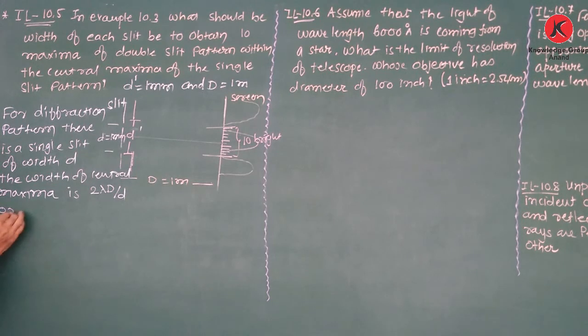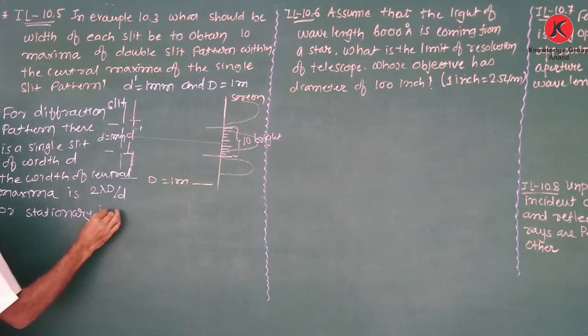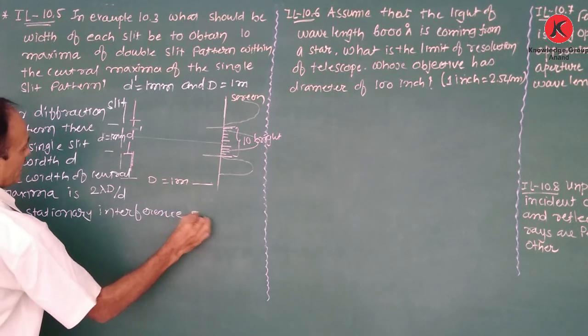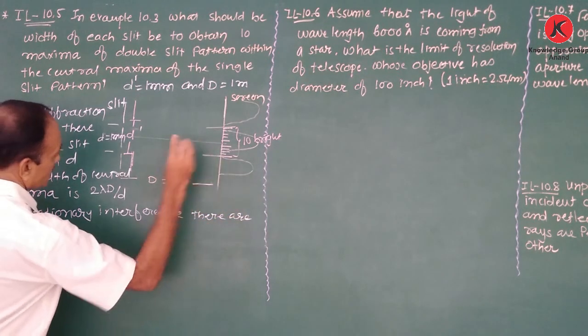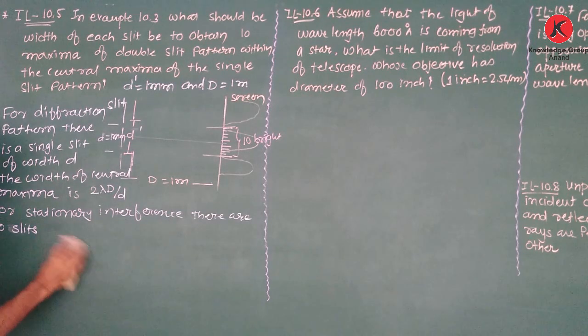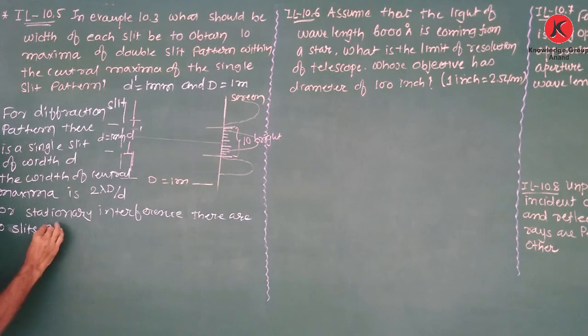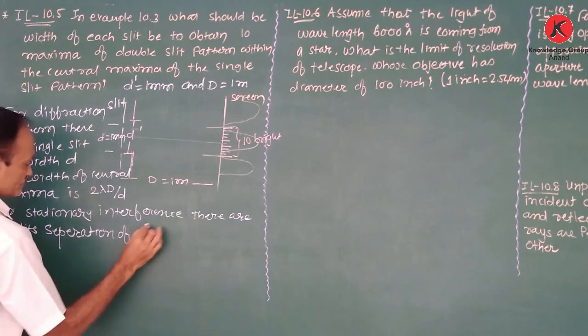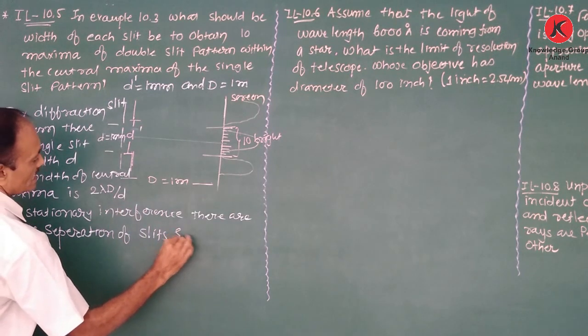For stationary interference, there are 2 slits, with separation of slits, suppose d dash.